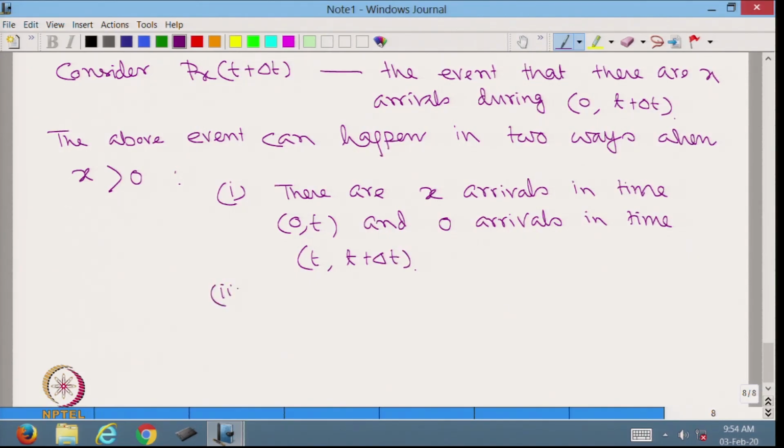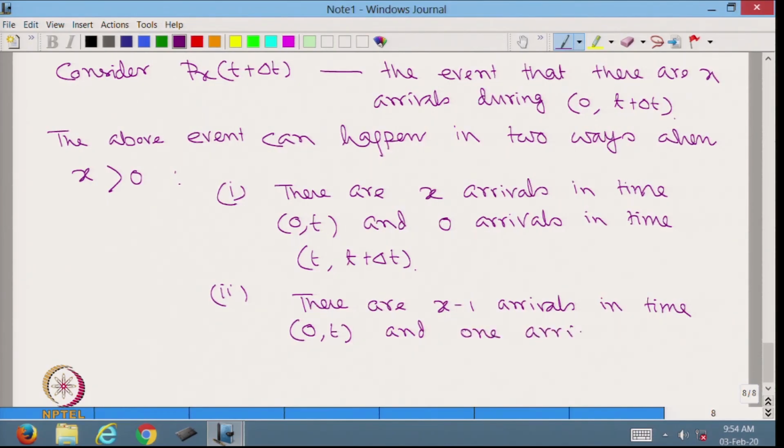Other way is that there are x minus 1 arrivals in time 0 to t and 1 arrival in time t to t plus delta t.